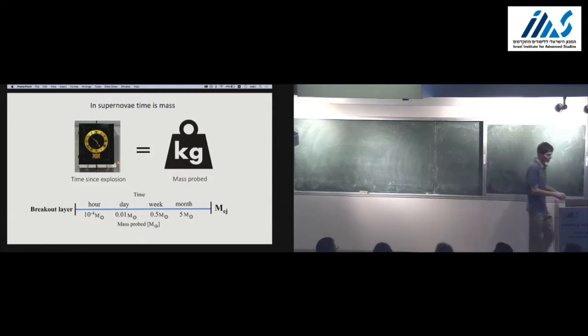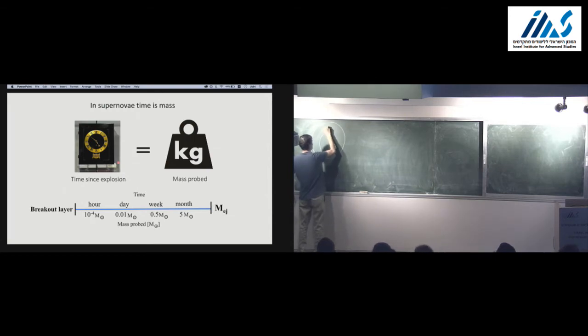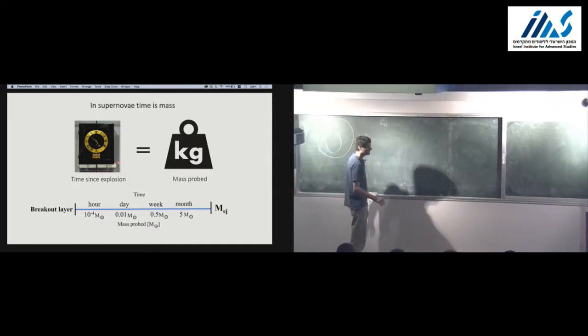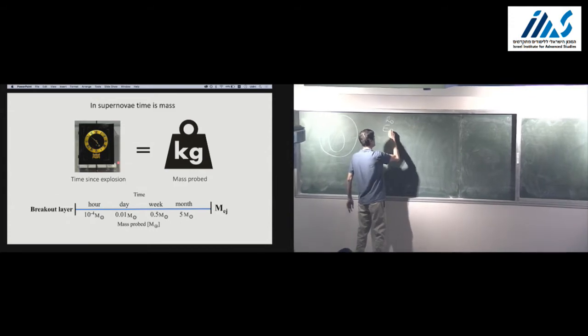So what we're asking is the following question. We have a shell with mass m, which is expanding at some velocity v, starting with some radius, which we'll call r naught, with some initial energy, which we'll call E naught.